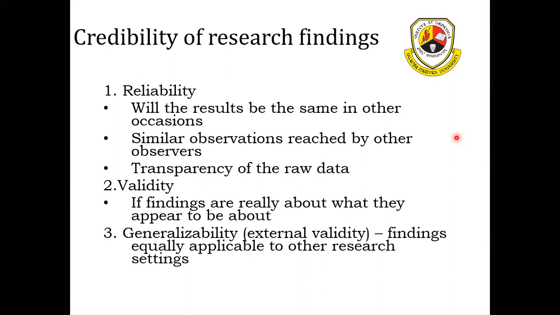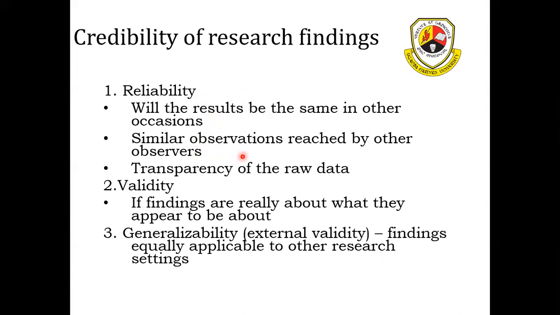For example, I gave you, if you did your research based on the TAM model, the technology acceptance model, that one clearly states hypotheses, certain assumptions and beliefs. So that means that the results, because that is a theory that has been used extensively, would bring about reliability of your findings.